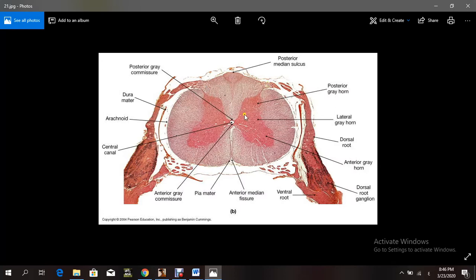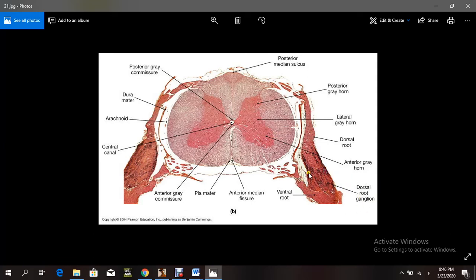Another section within the spinal cord. As you can see, this is the gray matter, butterfly shape. This is the dorsal horn, and this is the ventral horn. The ventral horn usually has motor neurons. The dorsal horn receives sensory innervation from the dorsal root ganglia.